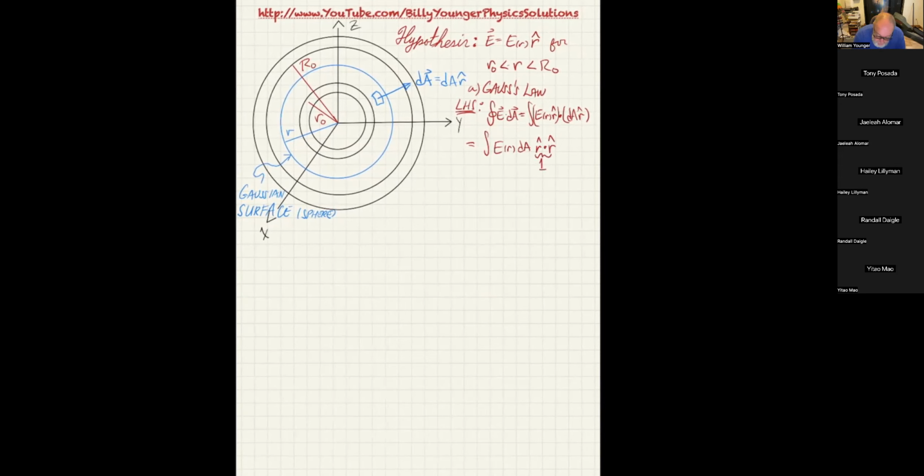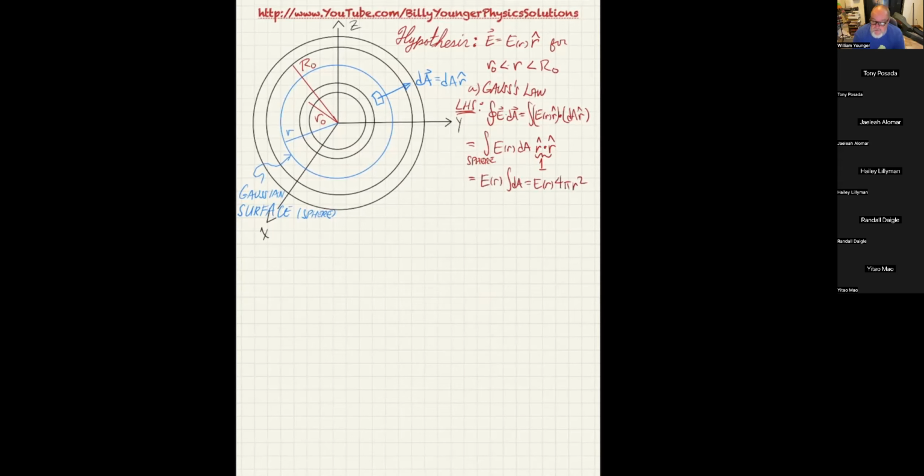And basically, you're integrating all this over a sphere. The surface area of a sphere is 4 pi r squared. So I get E of R times the integral of dA, which equals E of R times 4 pi r squared.